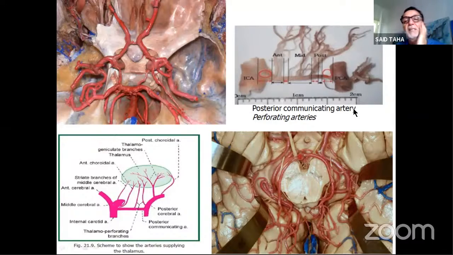And in this slide, from a Korean journal, they demonstrated the perforating arteries arising from the posterior communicating artery, and the perforating arteries here from mostly the proximal part of the posterior cerebral artery and posterior communicating artery.